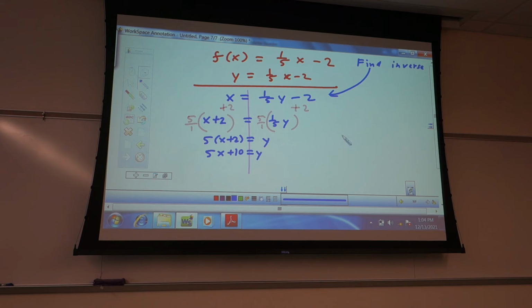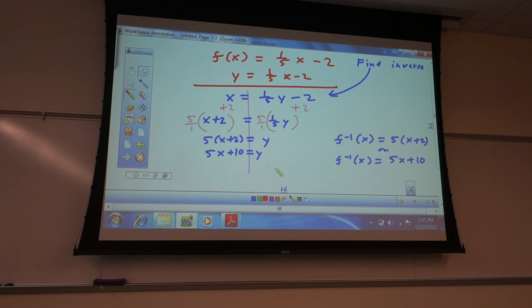So either you'll have f inverse, don't forget inverse is that to the power of -1, of x is equal to 5 times x plus 2, or f inverse of x is equal to 5x plus 10. Either one is fine.